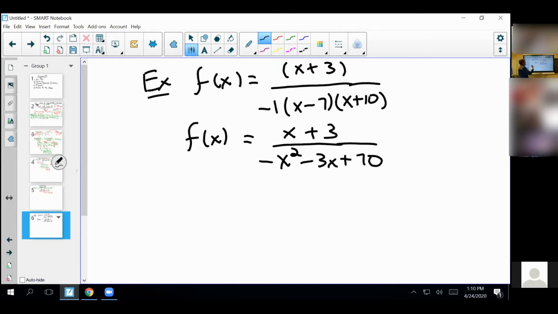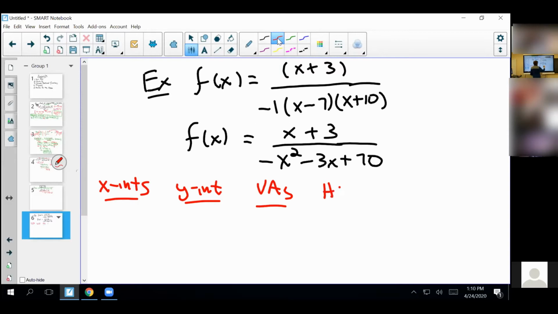Well, first we need all that information that we just covered in the quiz, which is x-intercepts, the y-intercept, the VA, vertical asymptotes, the horizontal asymptote, the slant asymptote, and as well as any holes.